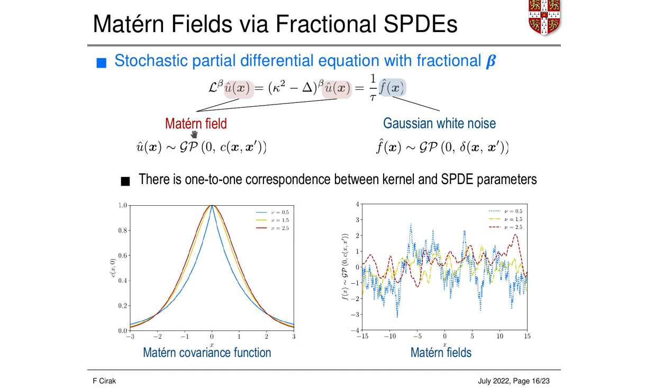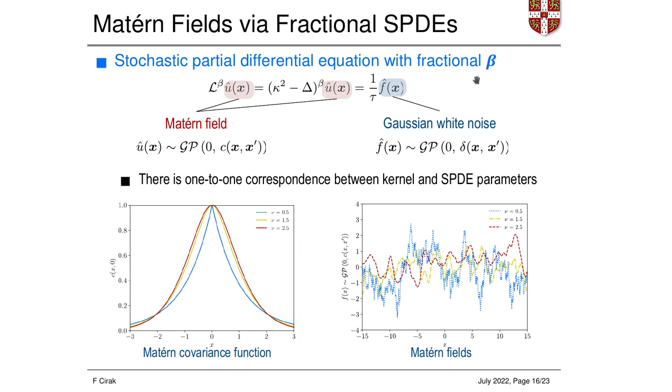This is really interesting because apart from the analytical expression of the Matérn kernel, we can actually define the Matérn field by means of the solution of the SPDE. Indeed, there is a one-to-one correspondence between the parameters in the Matérn kernel and the parameters in the SPDE.